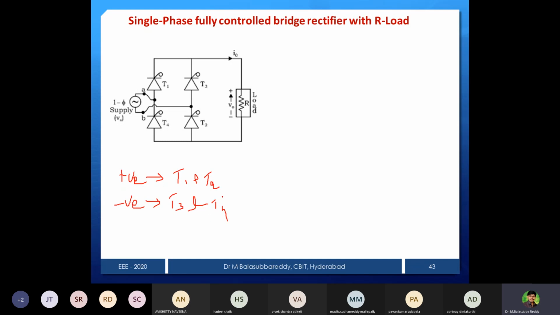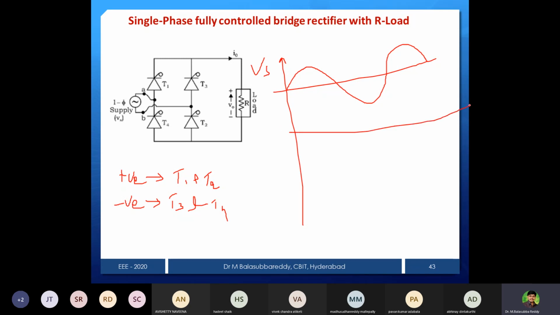So that's it. Once you know the supply, at what instant what will happen, you can easily draw the waveforms. Don't be confused. There may be different loads and different waveforms, but once you understand the logic, you can easily do the magic.